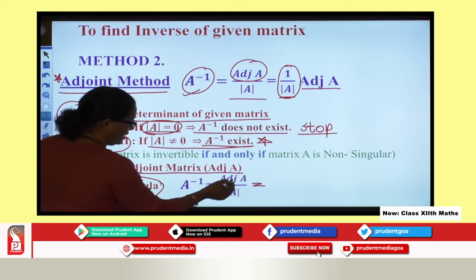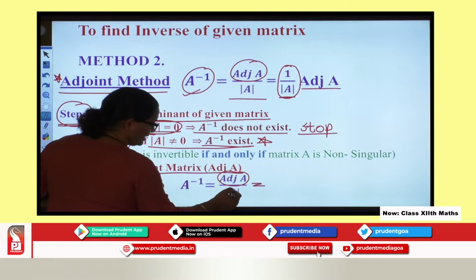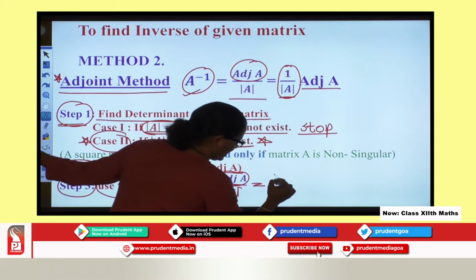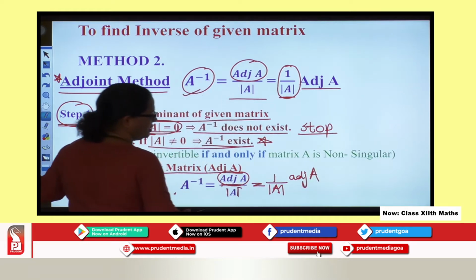Whatever adjoint matrix I have, I multiply it by 1 by the determinant, that is 1 by the determinant into the adjoint of the given matrix A. Fine.